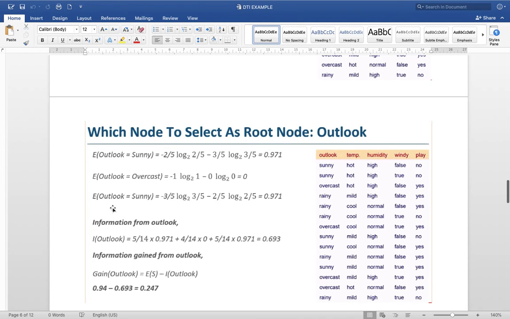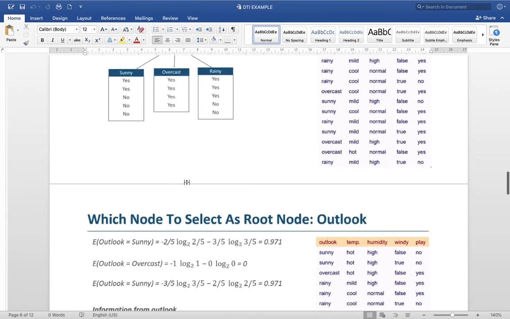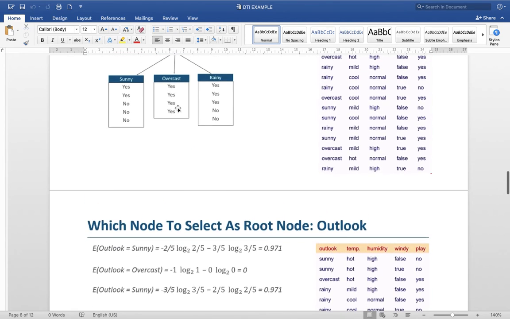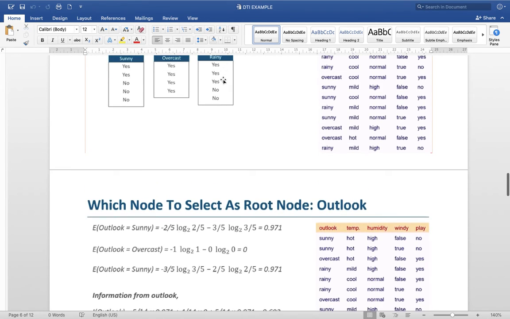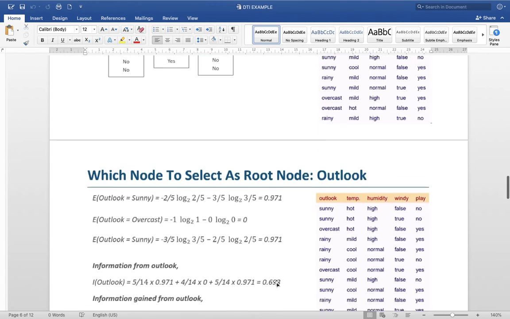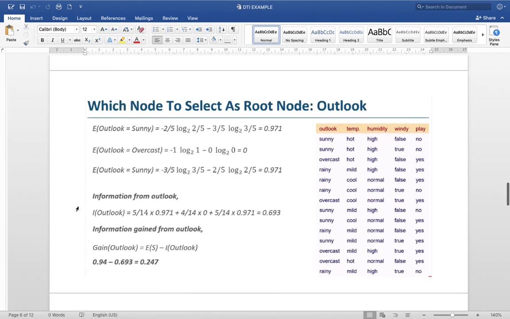So this is the value. Similarly for overcast, all are pure, so this is 4 by 4, log of 4 by 4 to the base 2, which is log 1, which is 0. So this is minus 0. And in case of rainy there are 3 yes and 2 no. This is the value. So this is the information for outlook.